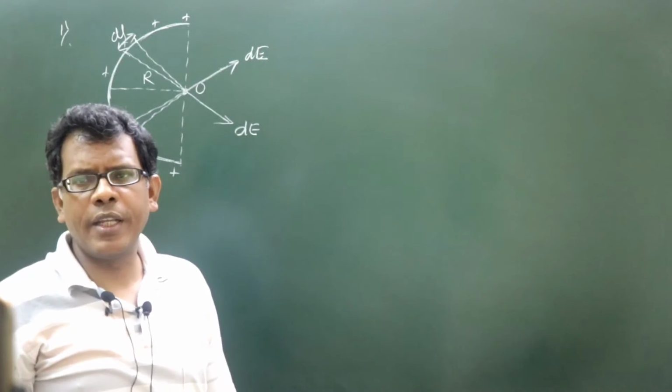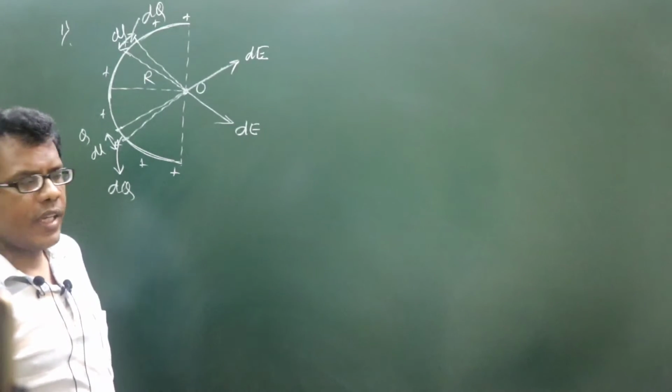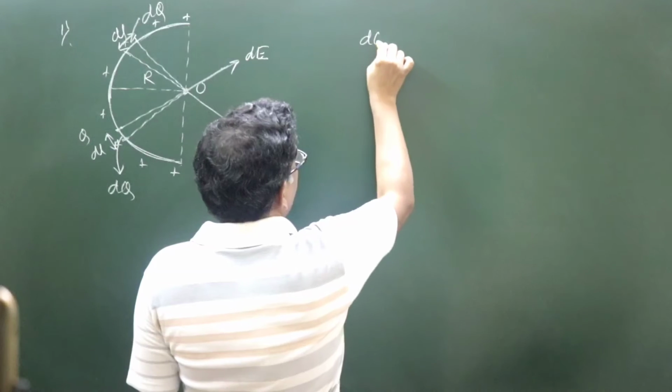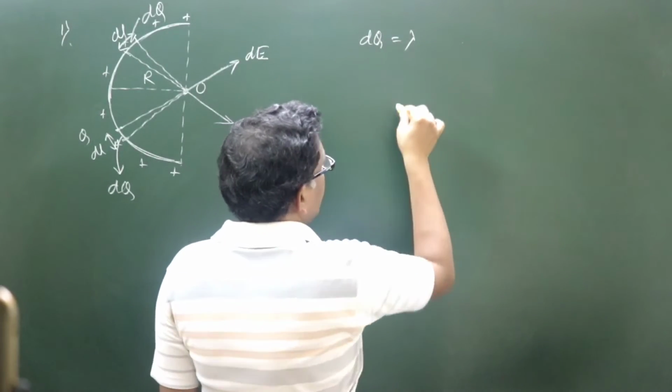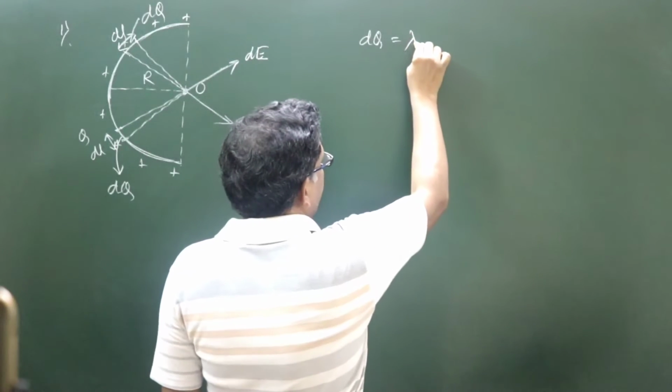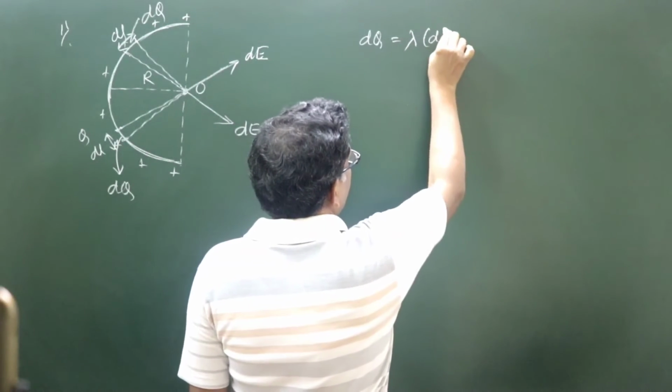Force on +1 charge at the required point due to the given charges. The charge on this part is dq, and the charge on this part is also dq. We can find that value of dq first. dq can be written with linear charge density lambda, as lambda into dl.